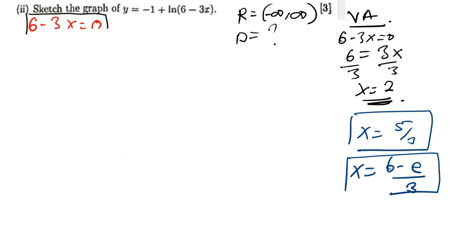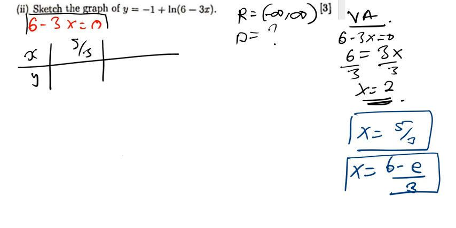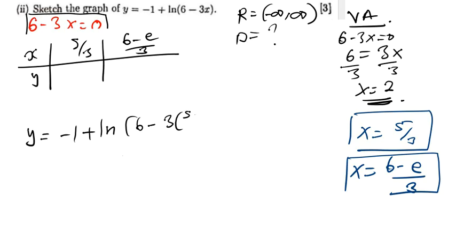For the values of y, this is x and this is y. The x values that we have are, the first one, 5 over 3, and the second one, 6 minus e divided by 3. So y is equal to negative 1 plus natural log of 6 minus 3, where there is x we put 5 over 3.